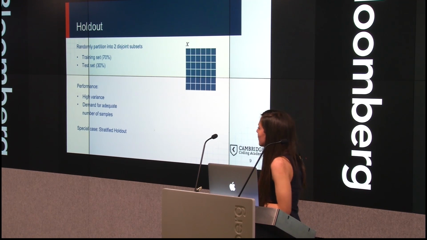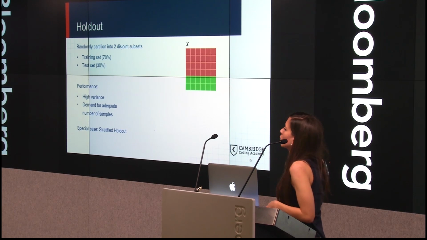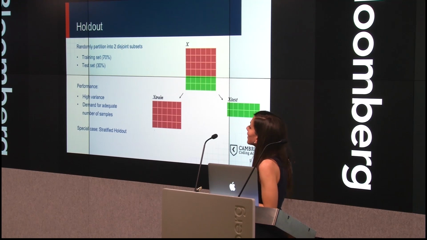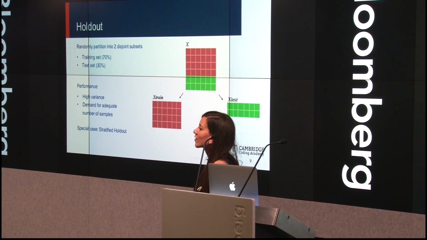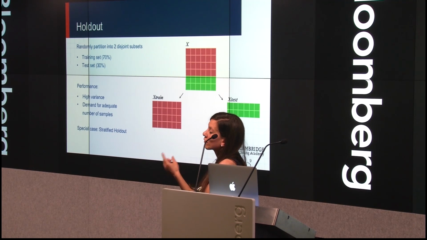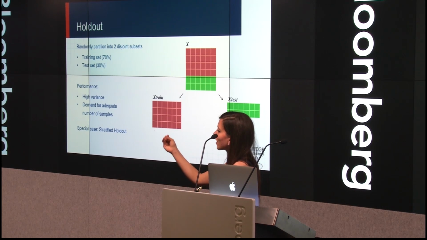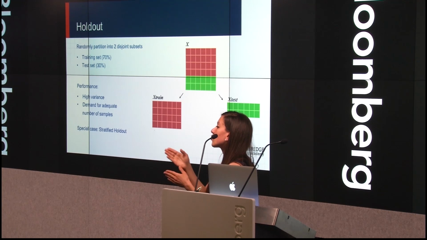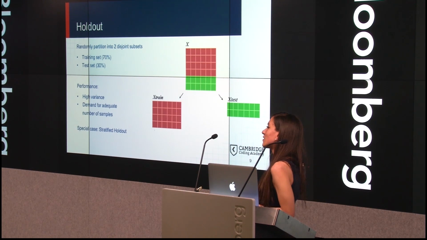Instead of just splitting so that, let's say, 30% of our samples go into the test set, in which case, as you well spotted, you may end up not having a representative of a particular class because it's selected at random, so you may end up only with samples from one particular class, with stratified holdout you select 1/3 of the samples, but 1/3 from each particular class. So you make sure that the distribution of your data, as you had it in your initial matrix, is preserved in your test data set.